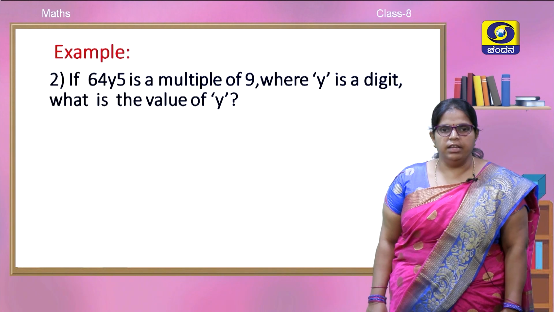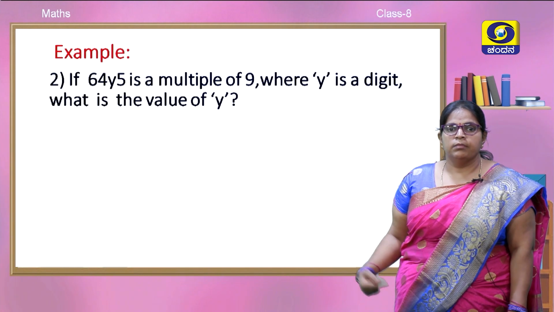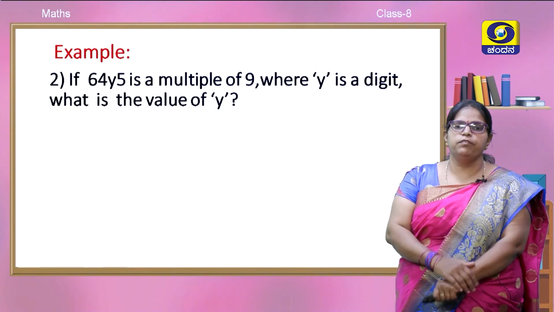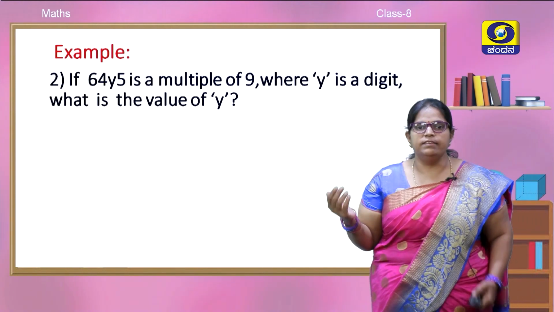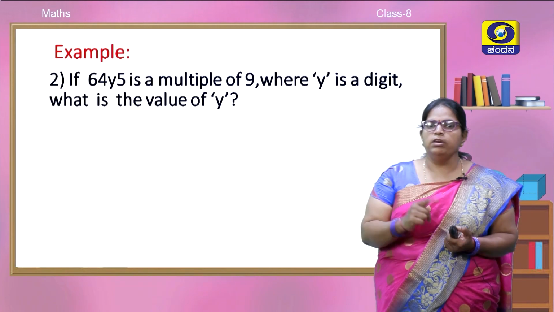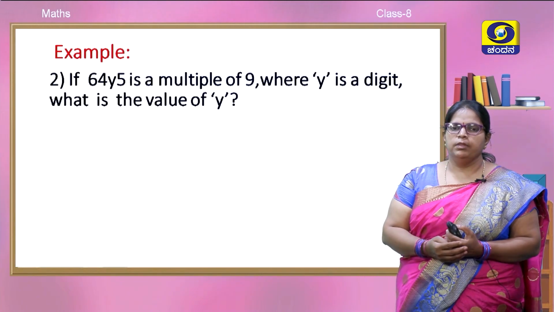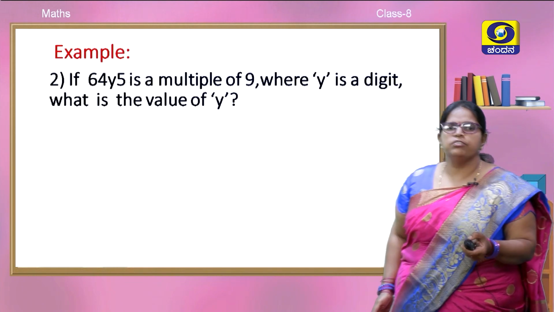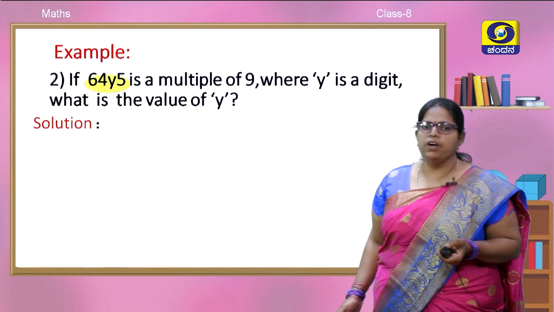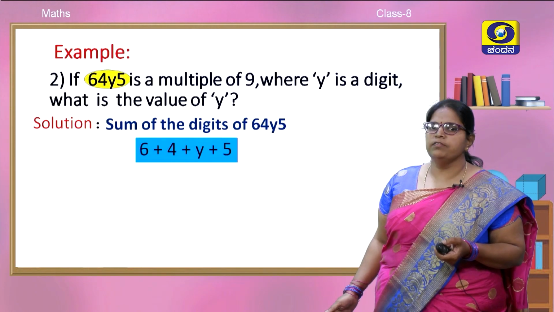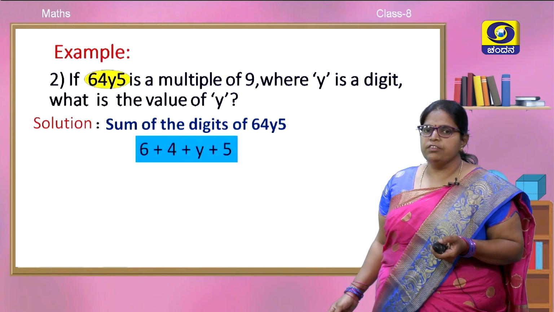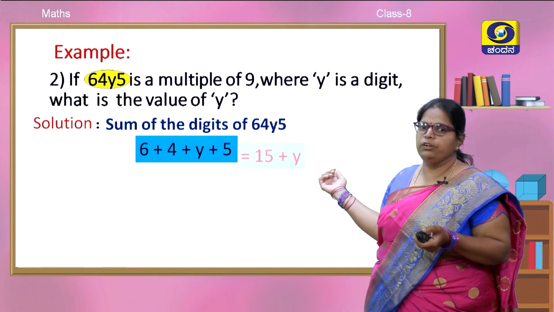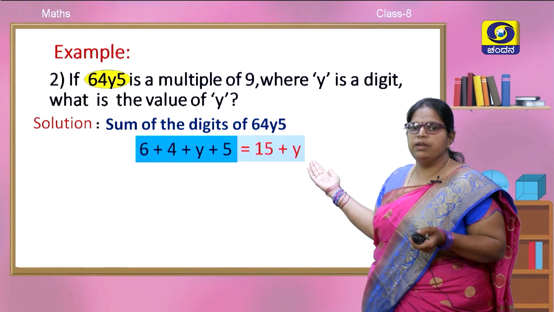Now, let us take one more problem. If 64y5 is a multiple of 9 where y is a digit, what is the value of y? Now, children, let us take the number 64y5 and find the sum of the digits of the number. 6 plus 4 plus y plus 5 is equal to 15 plus y.